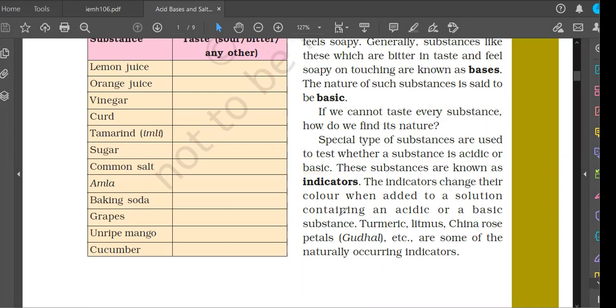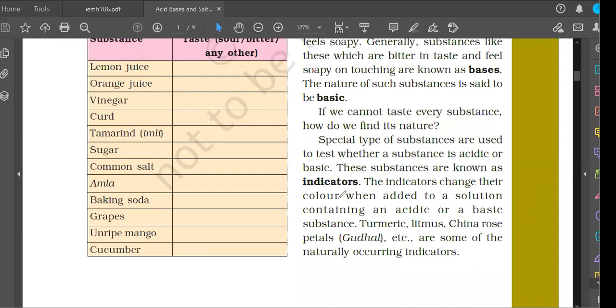Either it can be a change in color or a change in smell. When you talk about natural indicators and synthetic indicators, it is a change in color. The third type of indicator that I said is a change in smell.